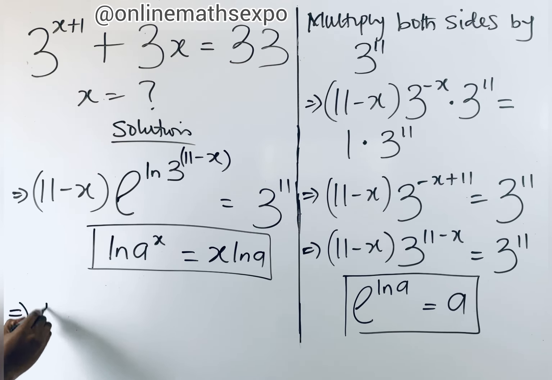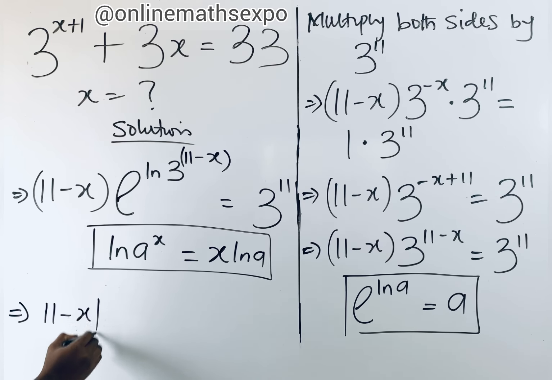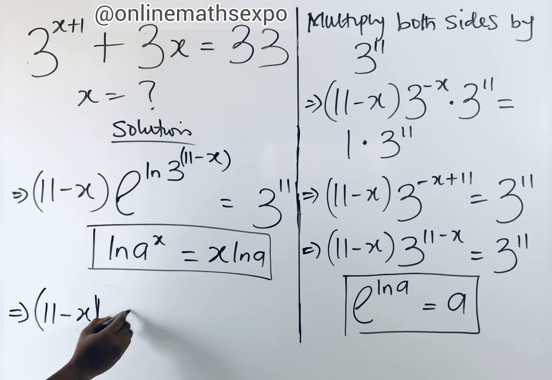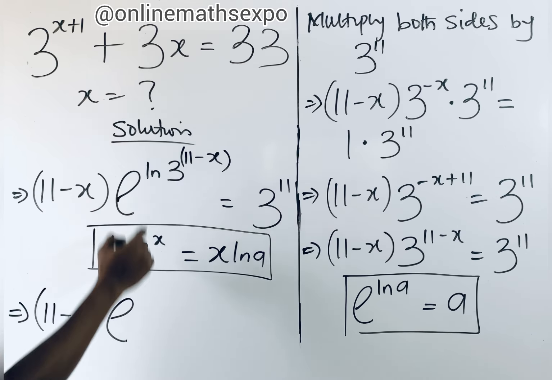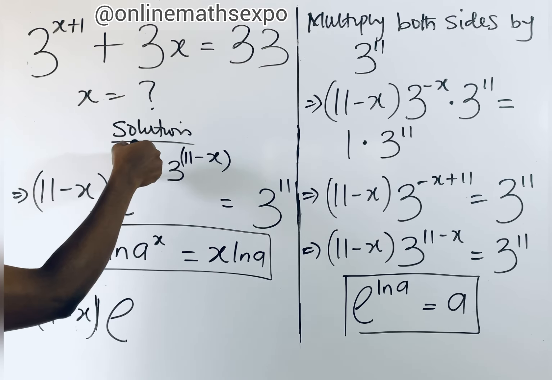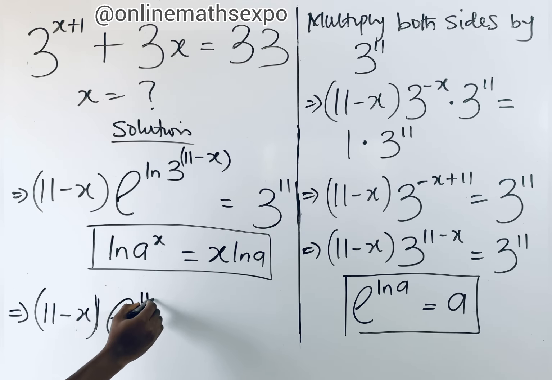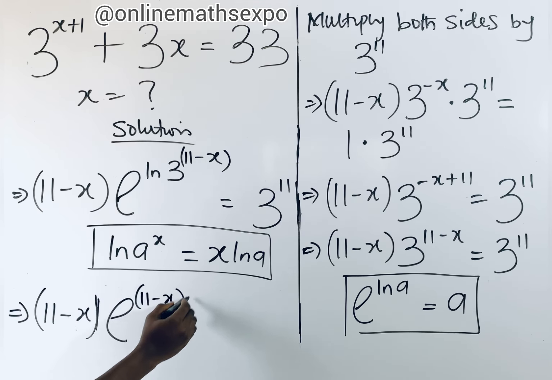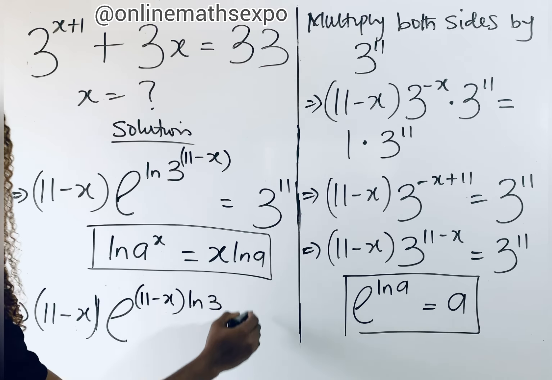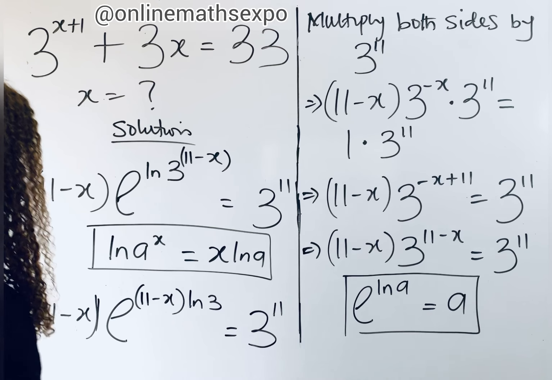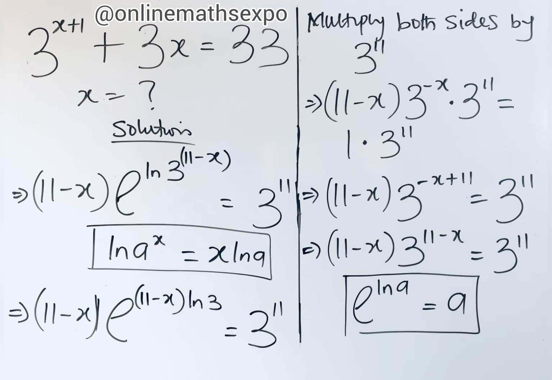So we're going to have 11 minus x into e multiplied, you have this power multiplies the ln. So we're going to have 11 minus x ln of 3 is equal to, this will give us 3 to the power of 11.